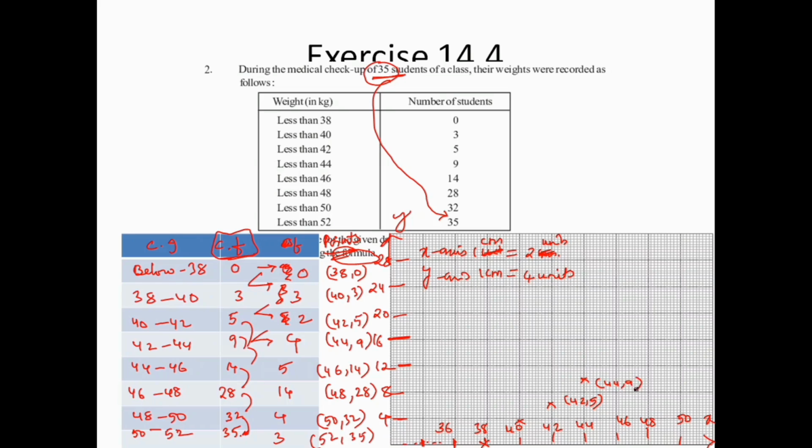44, 9. The next is 46, 14. The next coordinate is 48, 28. I can take it over here. Yeah, 48, 28. And the next one is 50 comma 32.